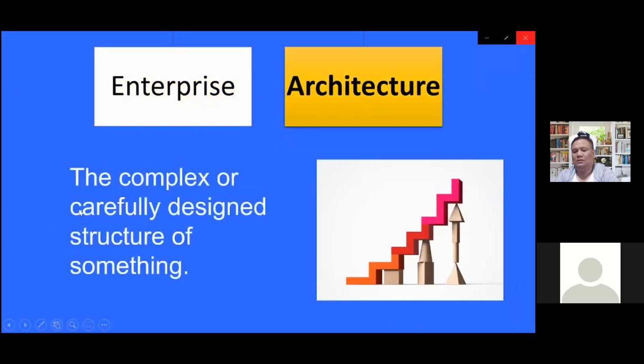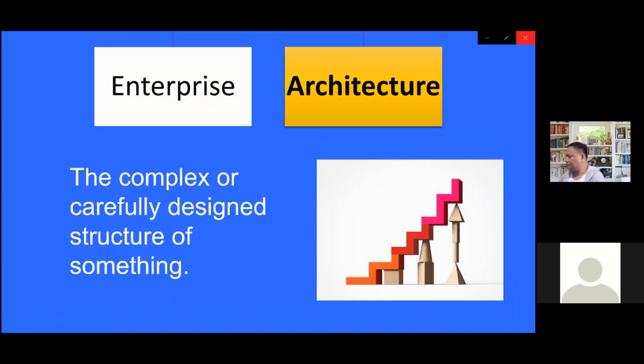Next, on the other hand, architecture. I got this from a dictionary: the complex or carefully designed structure of something. So it may be a blueprint, the document where you can see the design or the overview of a thing or a structure.